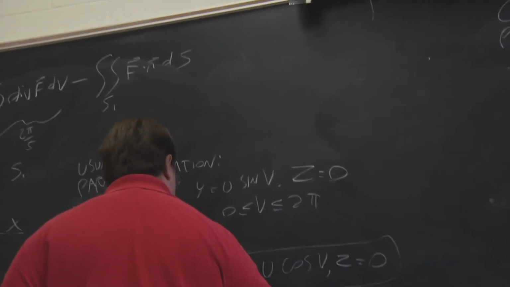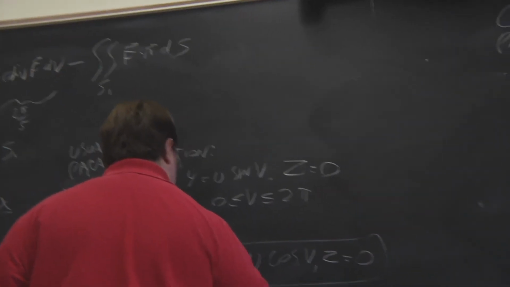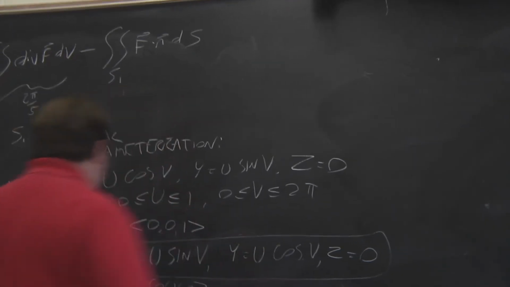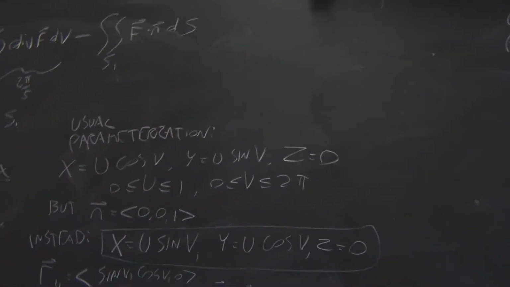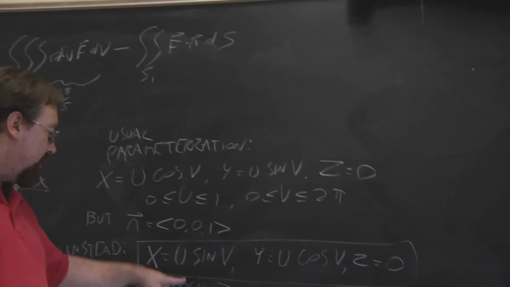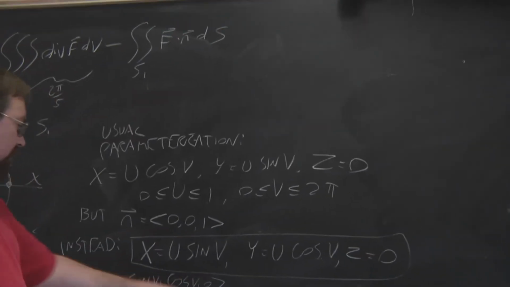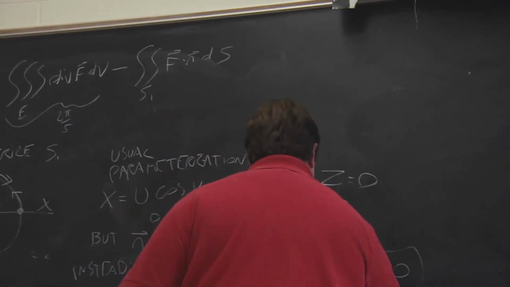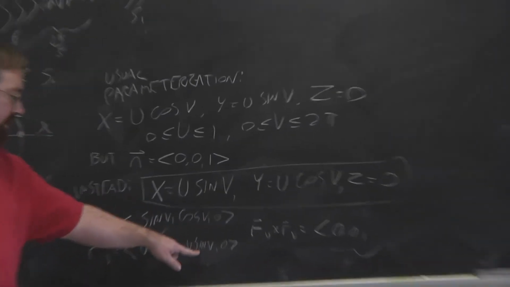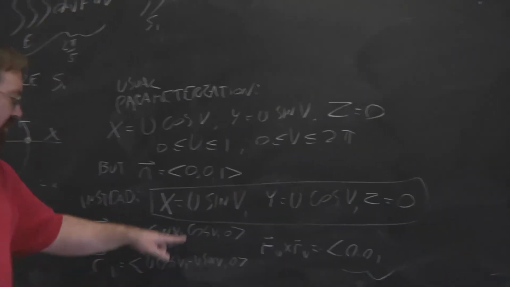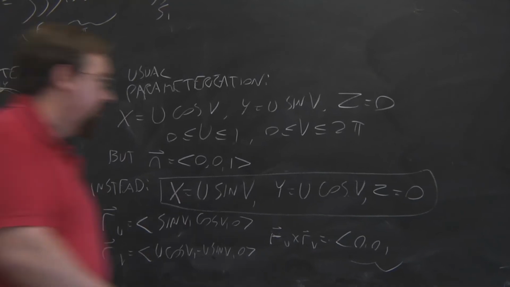So then, if we take a cross product of these, what are we going to get? For the first component, we'll get 0. For the second component, we'll get 0. For the third component, we'll get minus u sine squared v minus u cosine squared v.